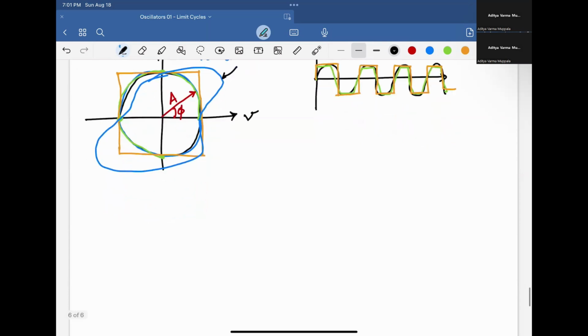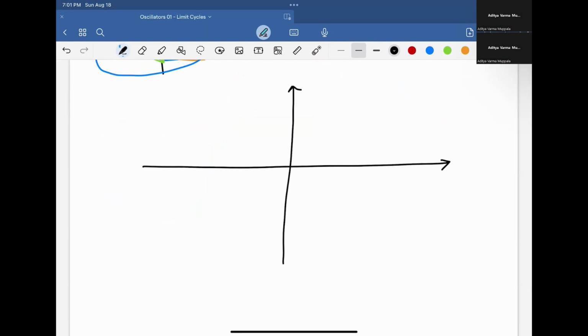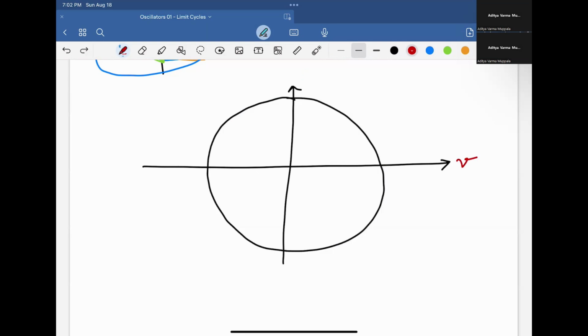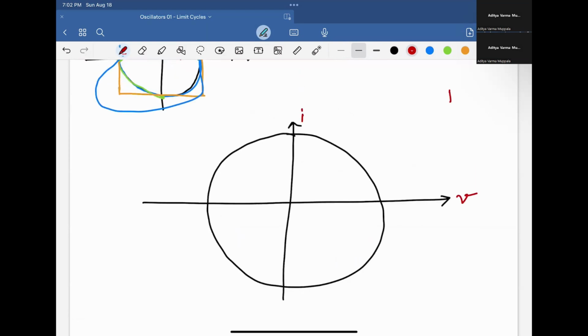Just to give you a preview of phase noise, which we'll be looking at next, that can also be easily understood in terms of limit cycles. So let's say I have a limit cycle like this, and again I have V, I have I. If I have some inductor, some capacitor, and something here, some negative resistance of some kind, and you want to understand how sensitive this is to noise or phase fluctuations or some kind of injection of current.